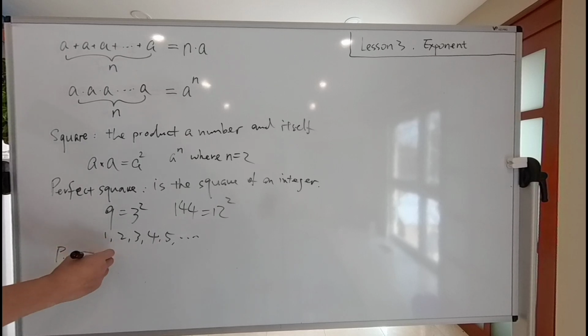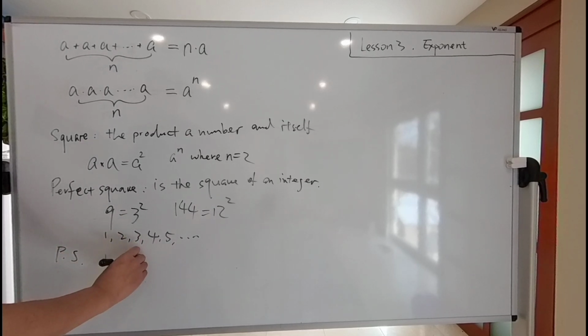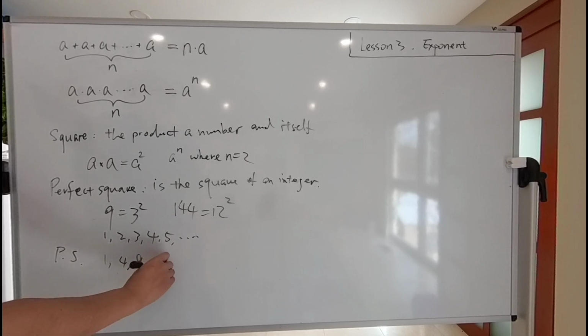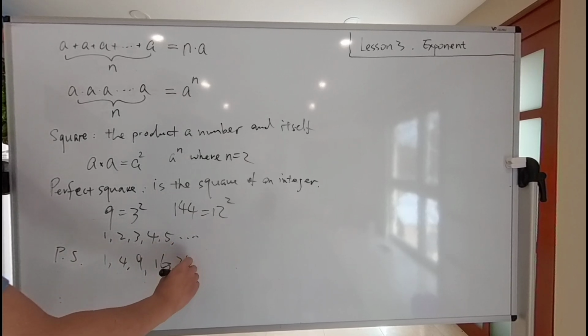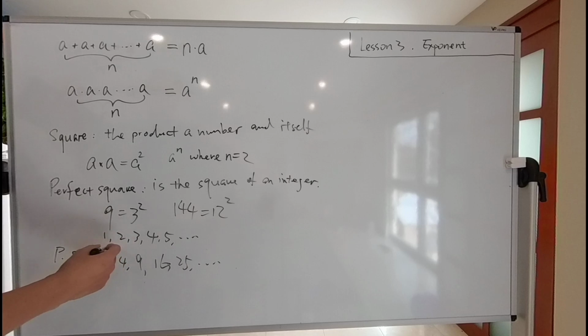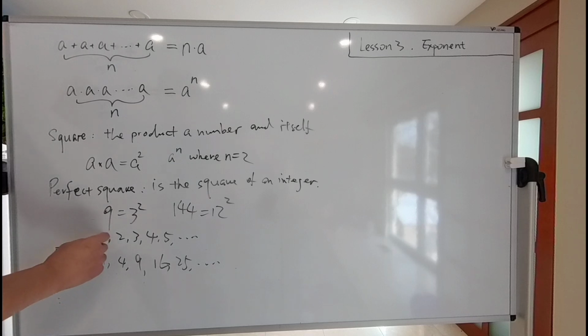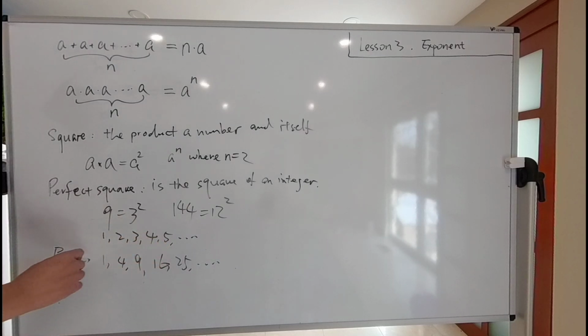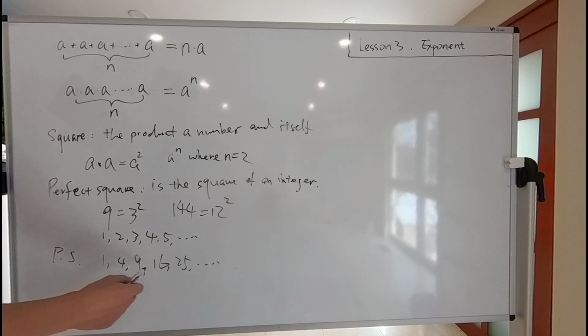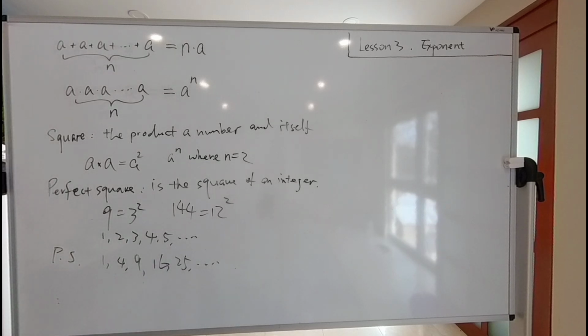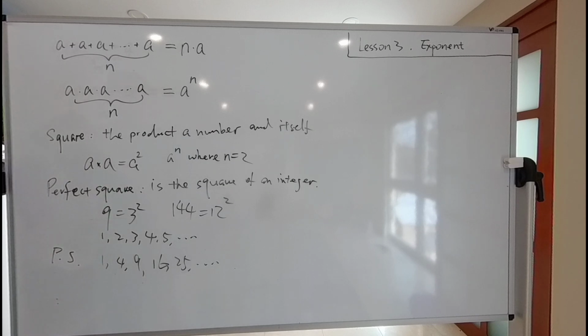For example, 1 squared is 1, 2 squared is 4, 3 squared is 9, then 16, 25, and so on. So with infinitely many integers, you will have infinitely many perfect squares. The integers are consecutive numbers, but obviously the perfect squares are not a consecutive series.